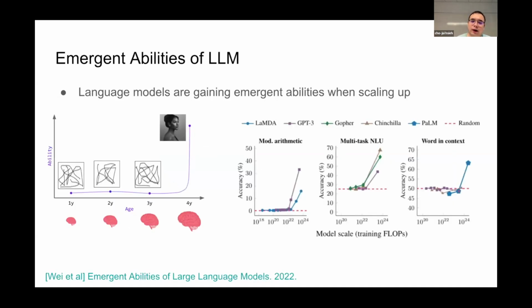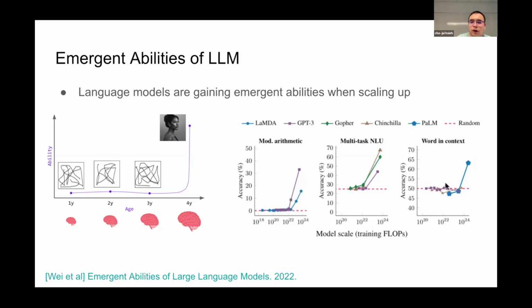Another important finding around 2022 is that as your language model becomes stronger and stronger, it actually gains some emergent abilities. This means you see the performance on some benchmark increase when you train a very large language model.